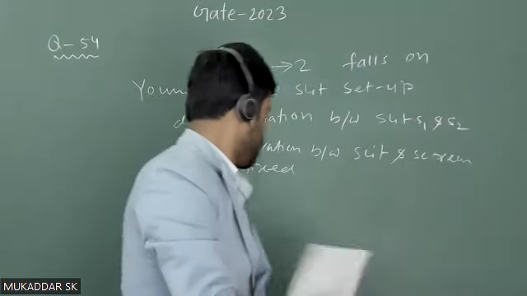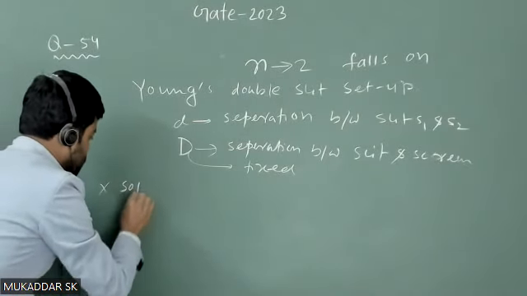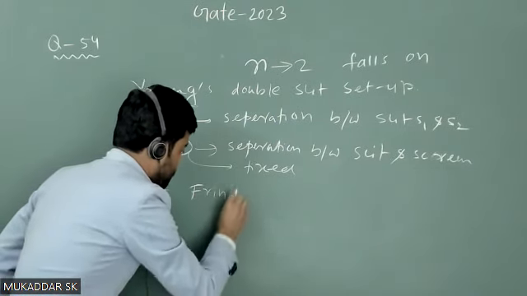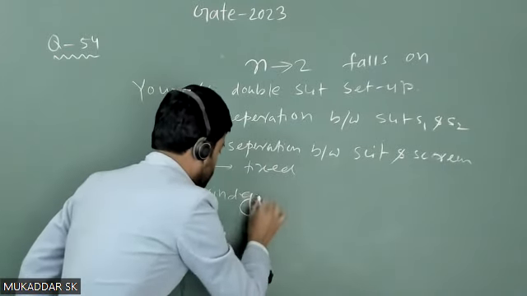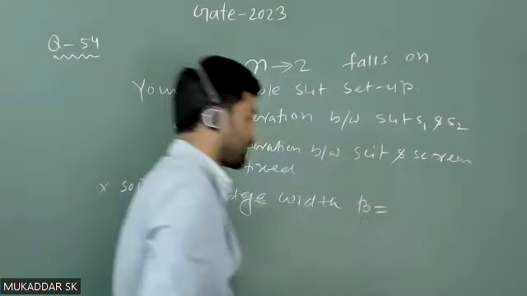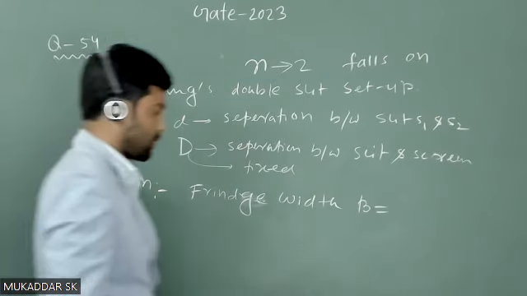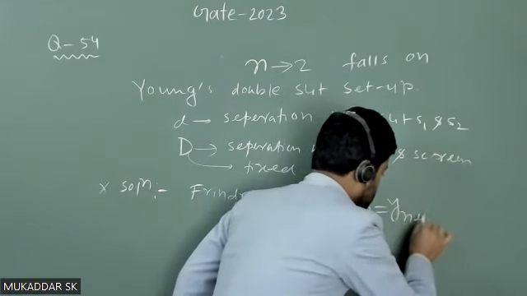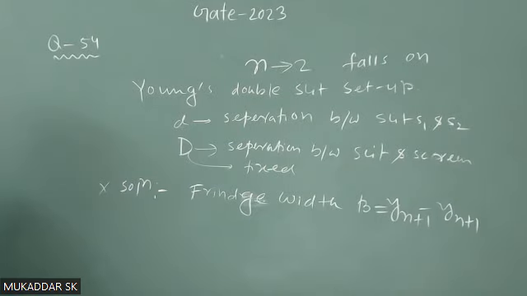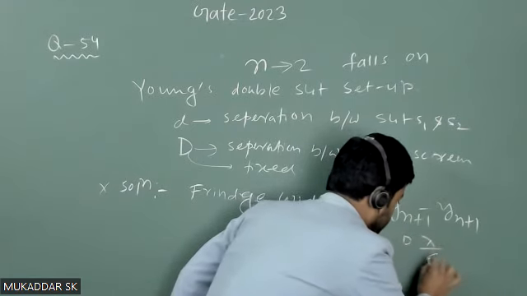As we know, the fringe width beta is defined as the separation between two successive bright fringes or two successive dark fringes, and that expression is beta equals lambda D by d.